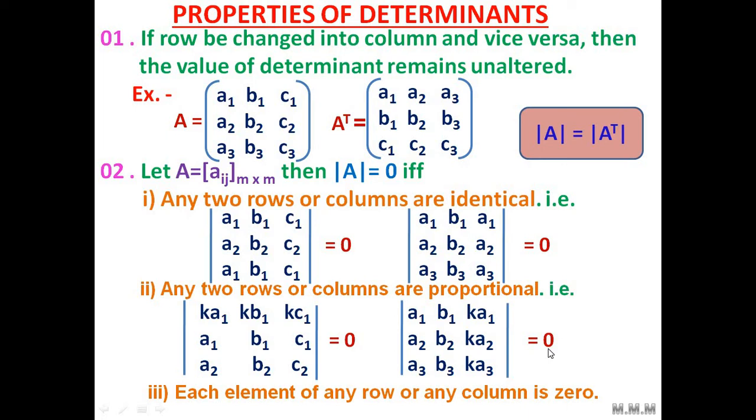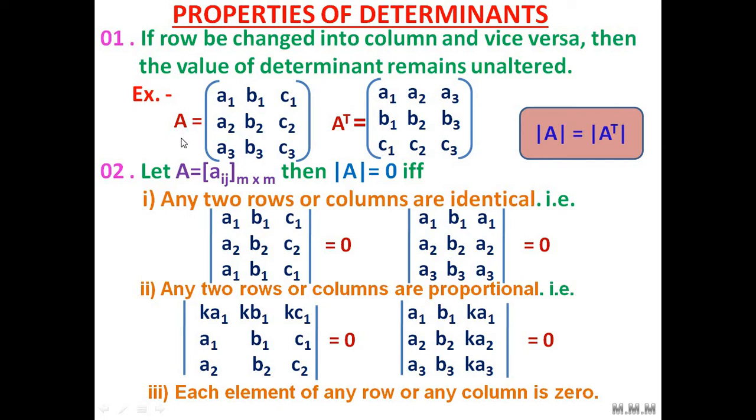Properties of determinants. Now it's very important to solve the determinants. Understand carefully. Property number 1: if rows are changed into columns and vice versa, then the value of the determinant remains unaltered. That means there will be no change in the values.